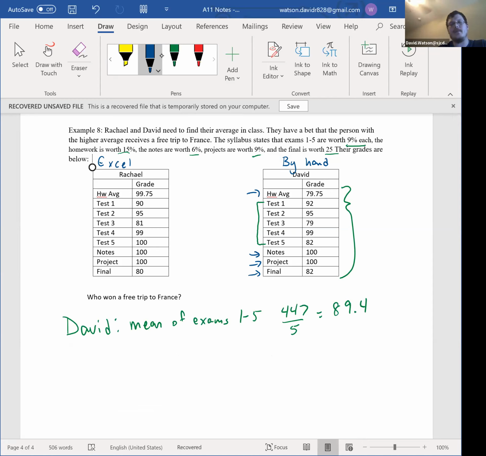So now we get into those percentages. So the way those percentages work is we multiply them by the average of that category. All right? So, for example, tests 1 through 5 were 9% each, which means exams in total were 45% of the grade.